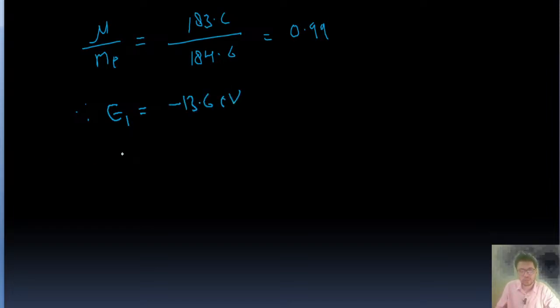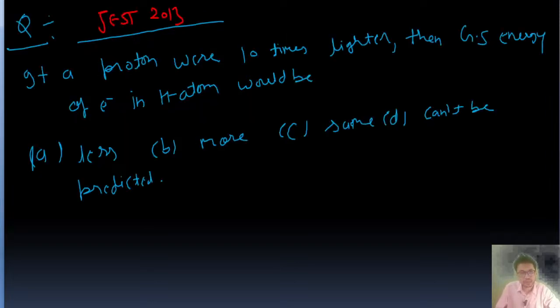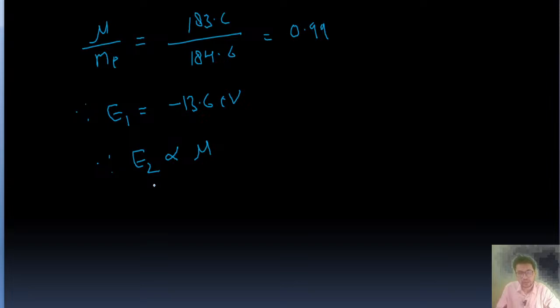And now we know that E2 is proportional to mu, and also for hydrogen atom, E1 is proportional to me. This is what we know.